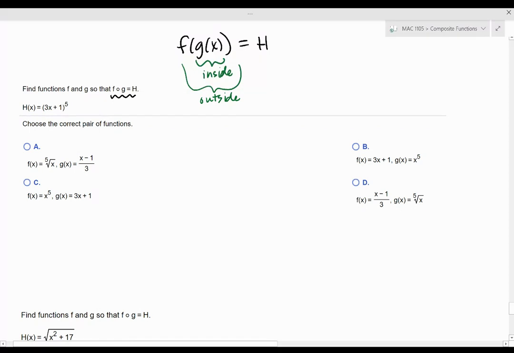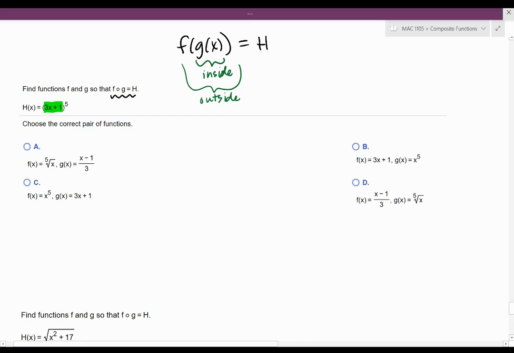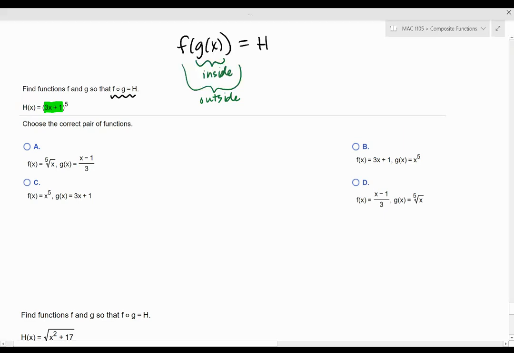In this problem, 3x plus 1 is sitting on the inside, so g of x is 3x plus 1. It's got to be sitting inside of something. If we take that out and replace it with an x, to the 5th power is our outside function. That's what it's sitting inside of. So f of x must equal x to the 5th power.